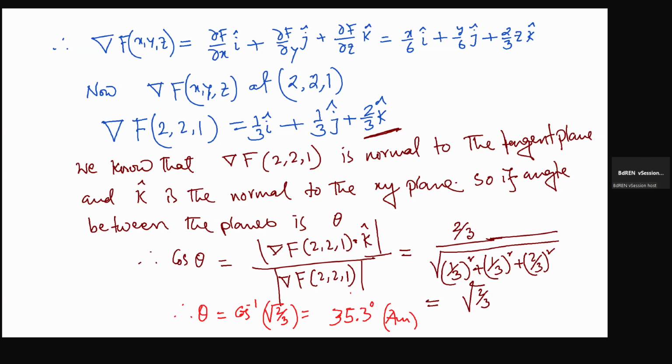Which one is normal to the level surface? Everybody, are you here? Yes, sir. The gradient of a function of three variables indicates the normal to the level surface, and the gradient of a function of two variables indicates the normal to the level curve. This is the difference.